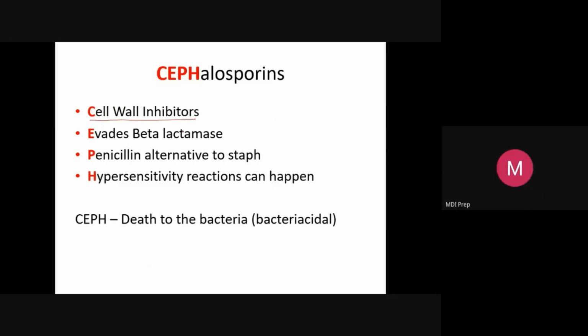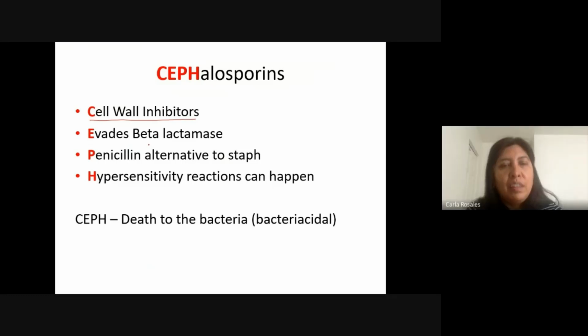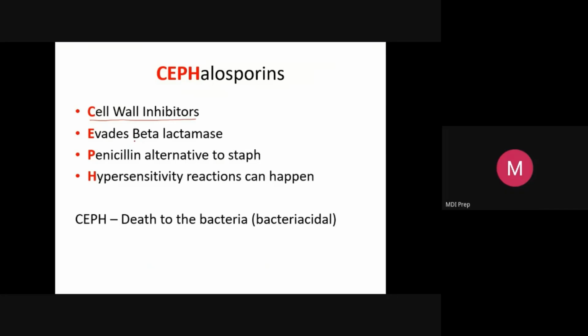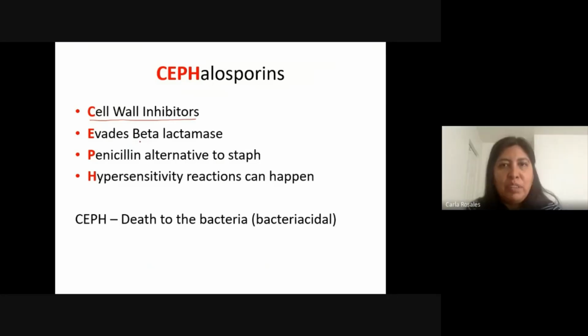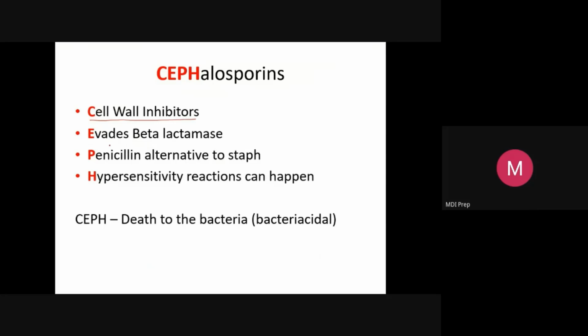Good. Now, guess what? Cephalosporins are like DON. You remember DON? They don't need a beta-lactamase inhibitor, because they already have it, right? So that's where you have evades beta-lactamase because it already has it. The P is penicillin alternative to staph. So if somebody's allergic to penicillin, you can give a cephalosporin.